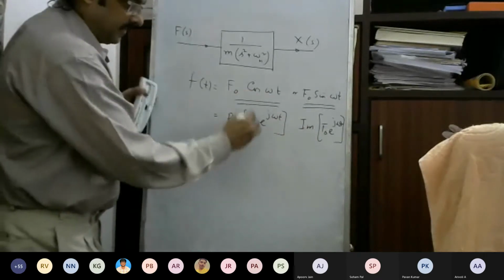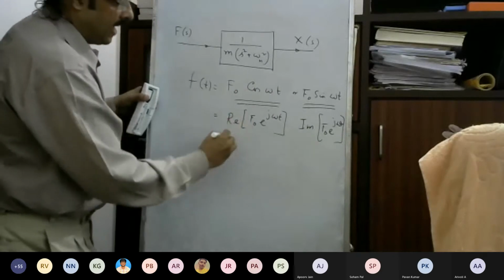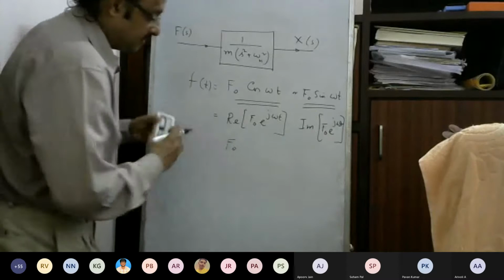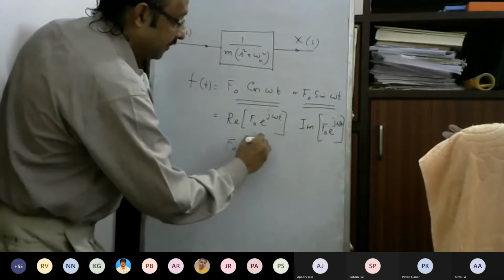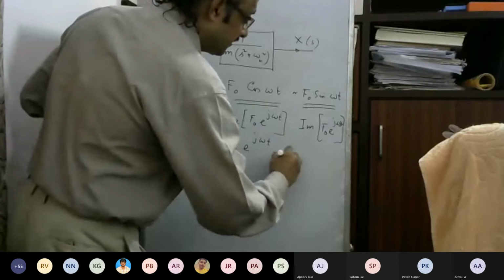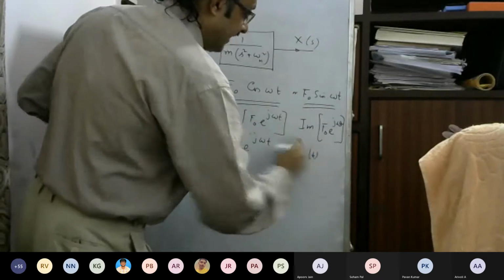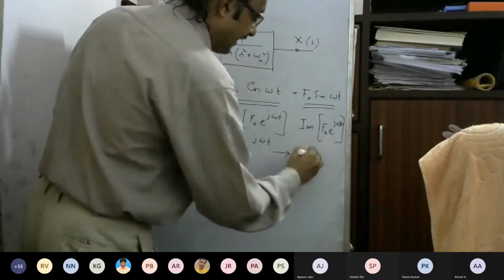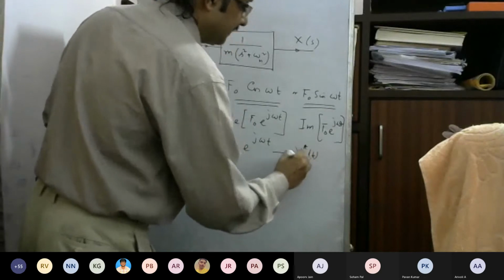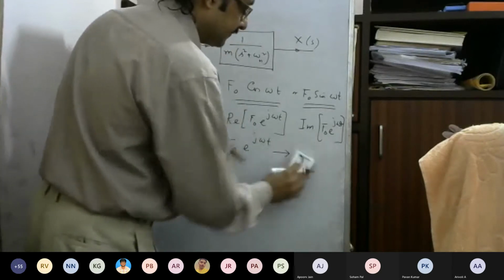So we'll do one thing: in this particular situation, I'll consider e to the power j omega t as the force. I calculate the response x(t). Let us say I name it x complex, let us say x star t or x hat t maybe.